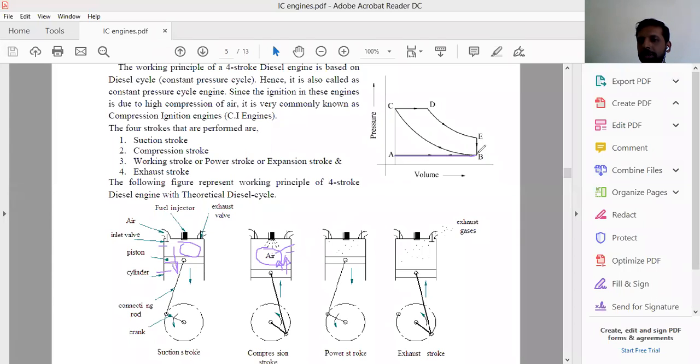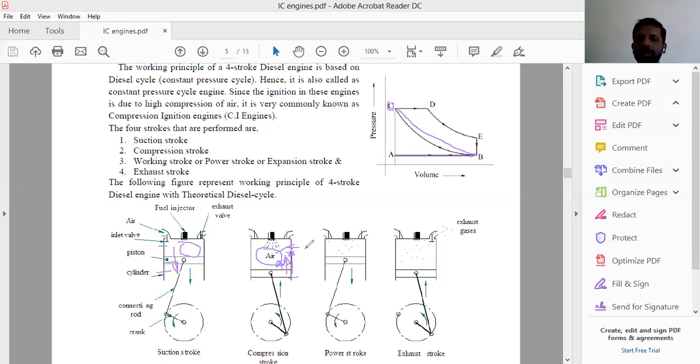So the volume is going to decrease and the pressure is going to increase. So it is going to go from point B to point C, right? That is, when the piston moves from point B at BDC to point C at TDC, the volume is going to decrease and the pressure is going to increase.